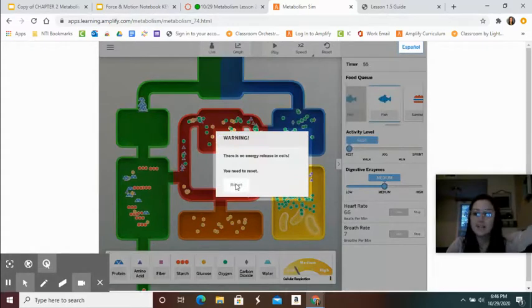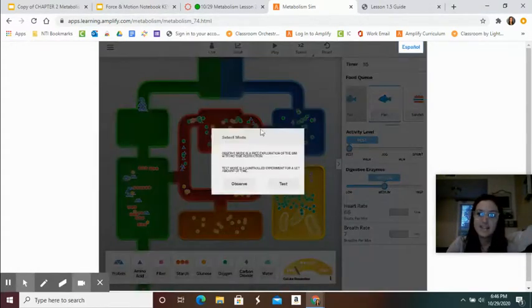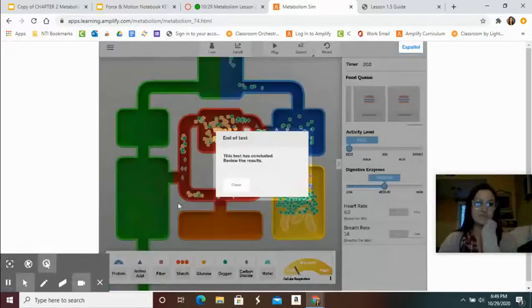All right, so our diabetes test is done. The last one glitched.